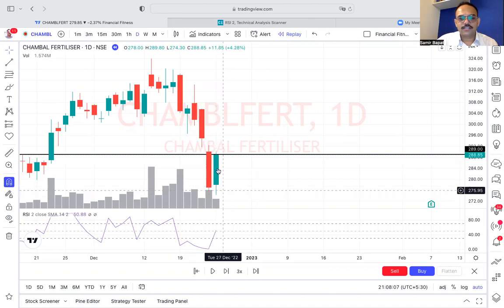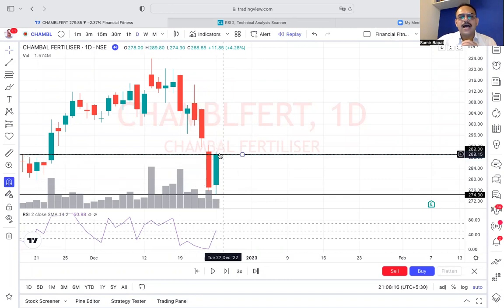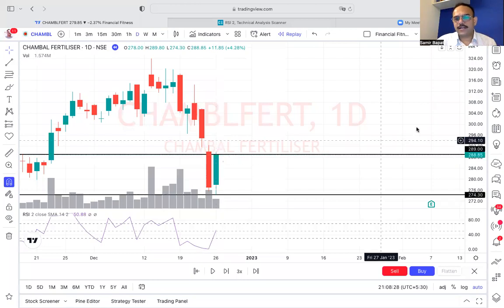My stop loss is below the low of this green candle. So I will buy at 3:30, 3:25, 3:29, at this price, because the RSI would have gone above 5, and my stop loss is the low of this. So I am already in trade.